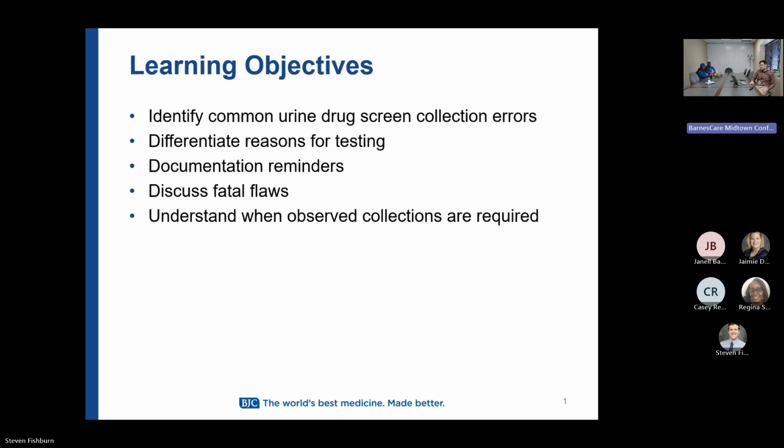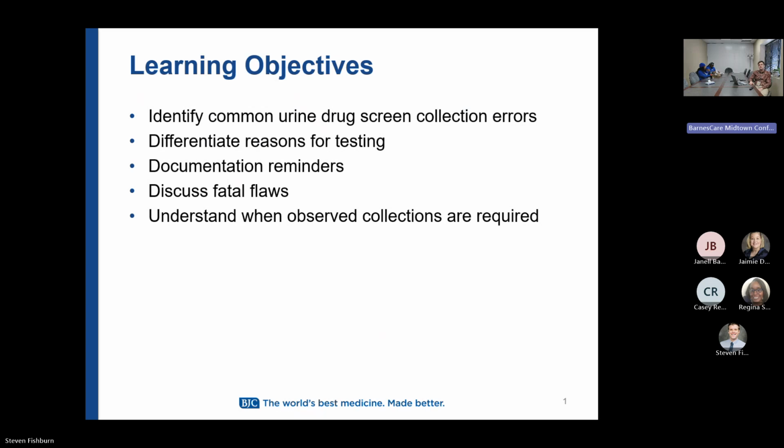So the objectives today, we're going to identify some common urine drug screen collection errors. We're going to talk about the different reasons for DOT testing. I'm going to give some reminders related to documentation that I'm sure everybody knows, but we're going to talk about them again.